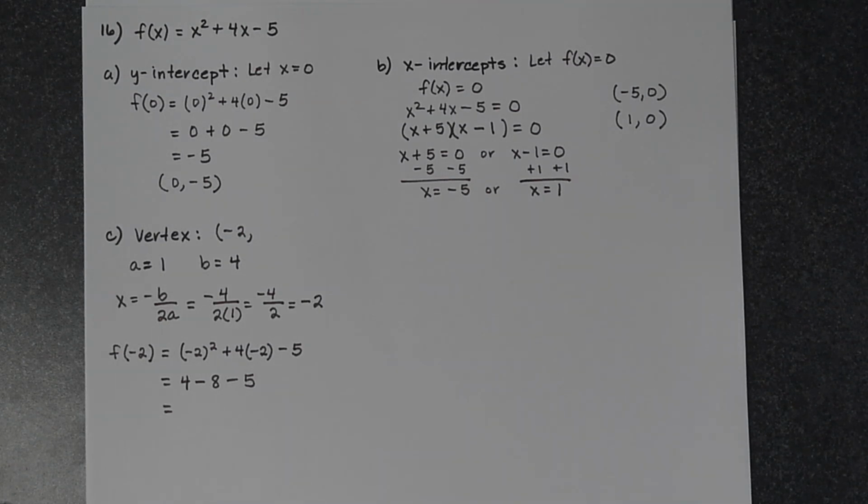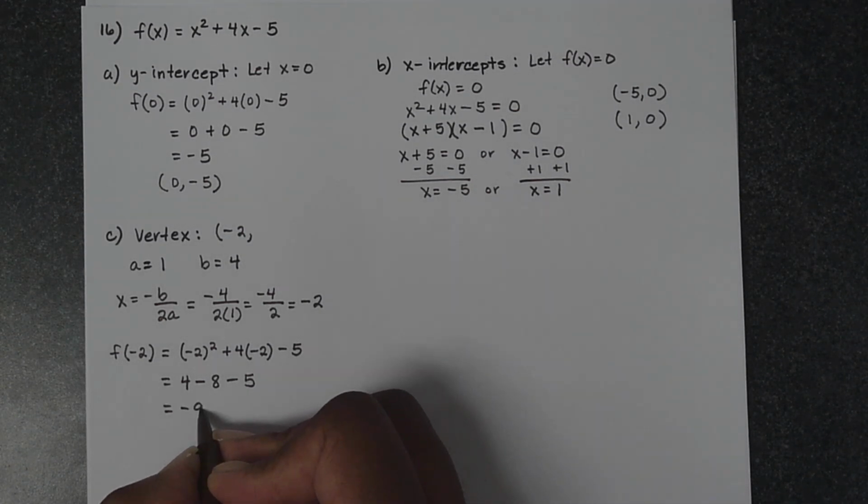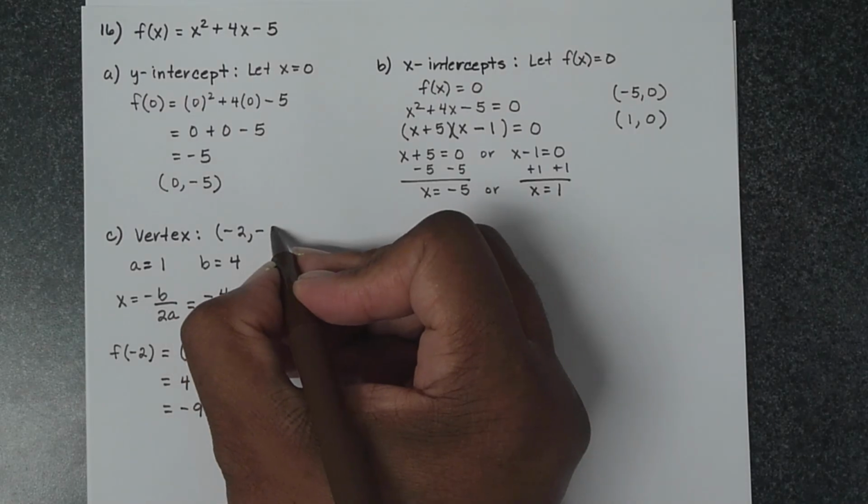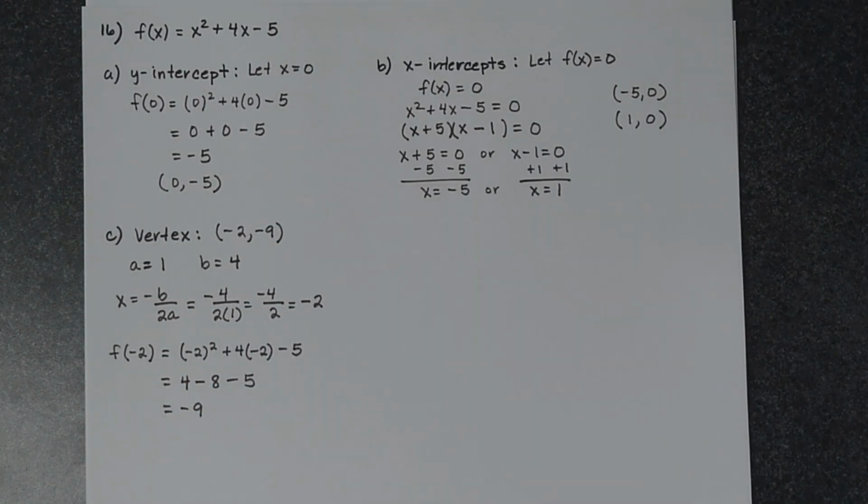Well, 4 minus 8 would be -4. -4 minus 5 ends up being -9. That's the y-coordinate of the vertex. So (-2, -9) is the vertex of this parabola.